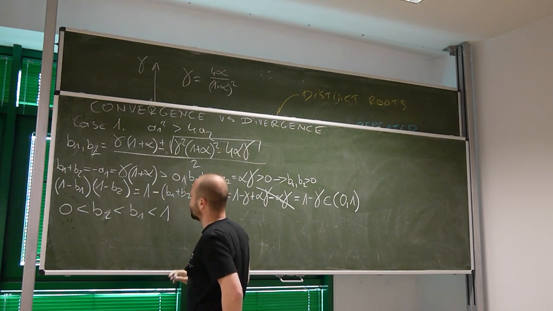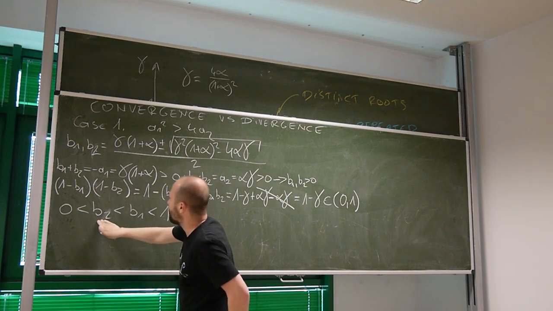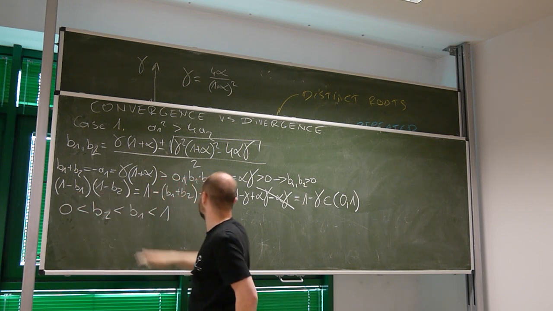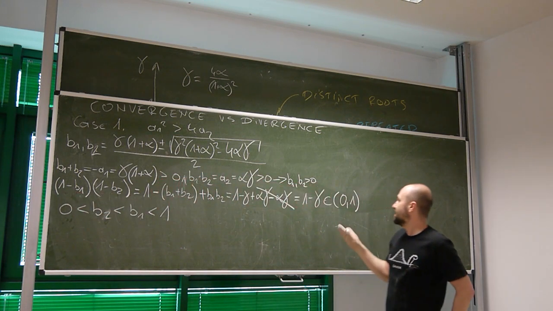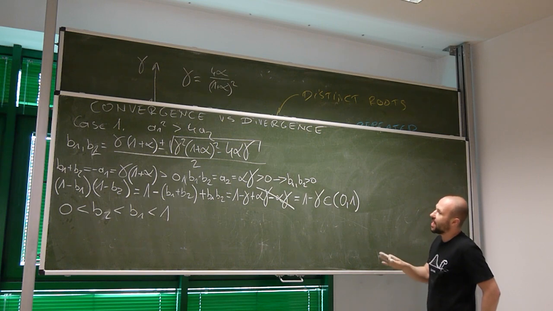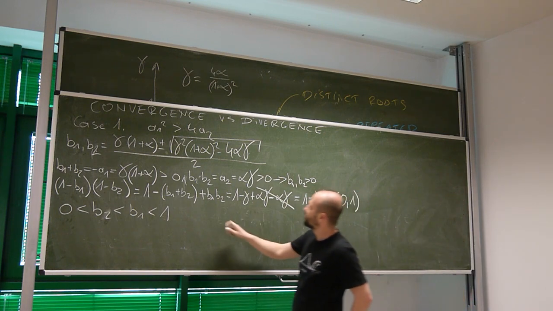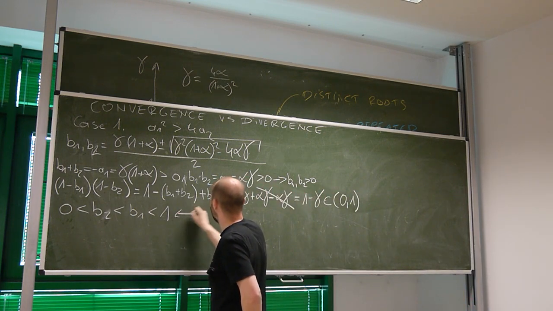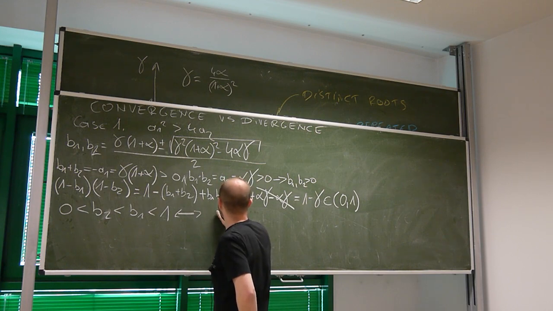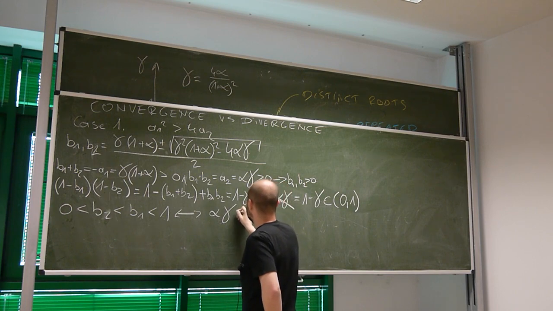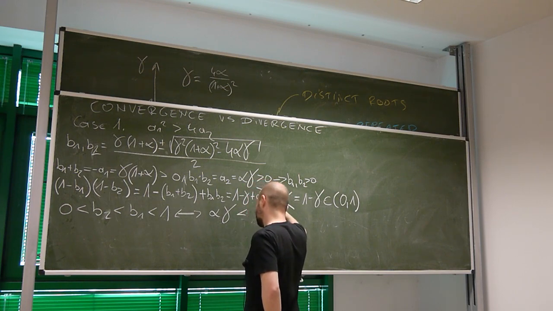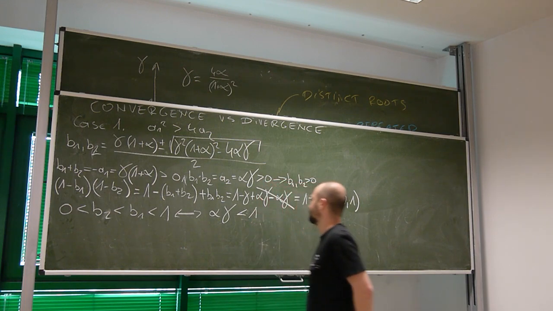Now, when will this happen? Look, if they are both between 0 and 1, then we will get a number between 0 and 1. But what is more, we can be sure that this can happen if and only if alpha times gamma is smaller than 1.